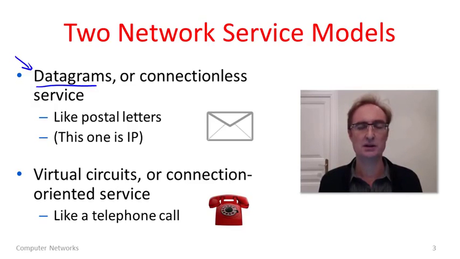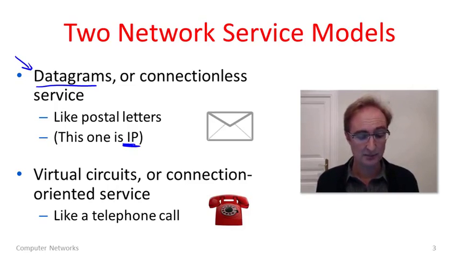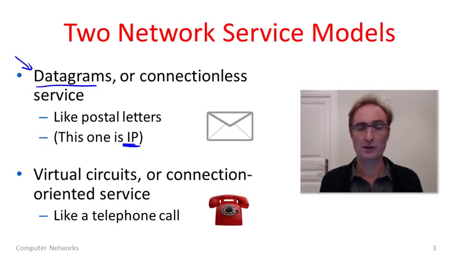So datagrams are just like sending letters through the postal system. They're self-contained units. You write your letter, you seal it up, you hand it to the post office. They're all treated individually. The post office delivers them by looking at the address and sends them on their way. This is very much like IP. IP is based on a datagram service. And that's really the way you might have expected the internet to look because of that.